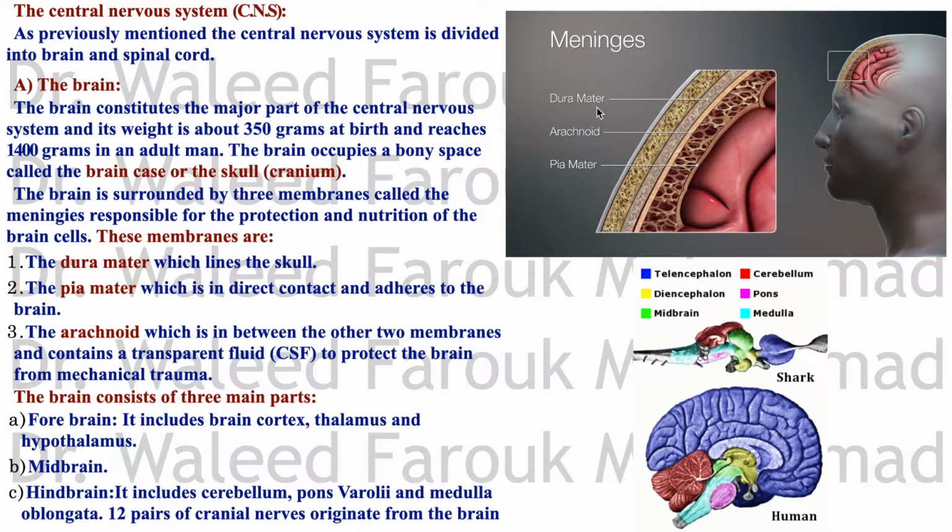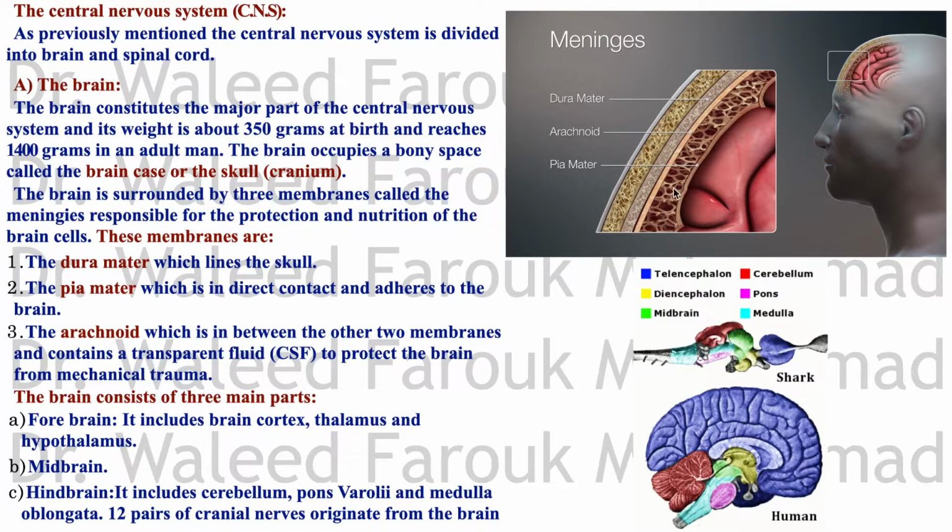So we have the dura mater, the arachnoid, and the pia mater, which is directly applied to the brain. Remember these: dura, arachnoid, and pia.